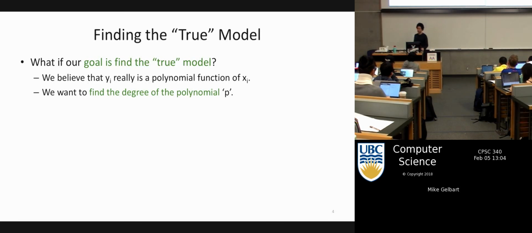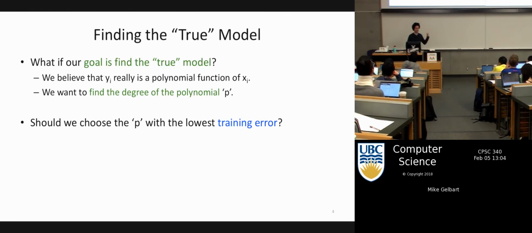And then we want to find the degree of the polynomial p, because what we looked at last time was we could change that degree, we made it really big, and we could overfit a lot and get zero training error or very low training error. We could make it small, and then we would get simpler models that could underfit. So how do we pick this degree of the polynomial? I think you hopefully already know the answer to this.